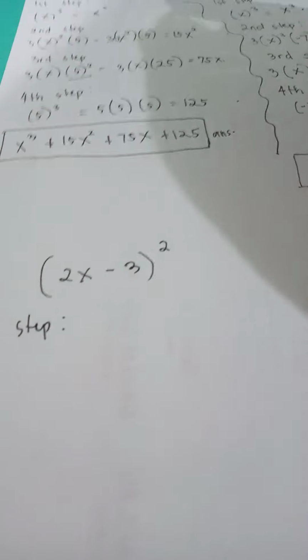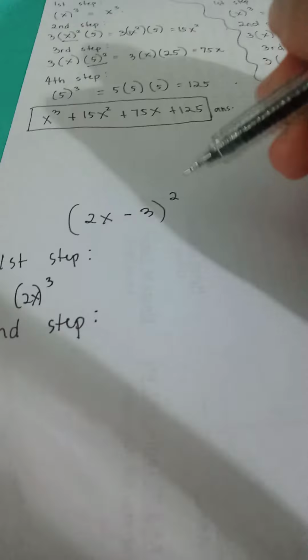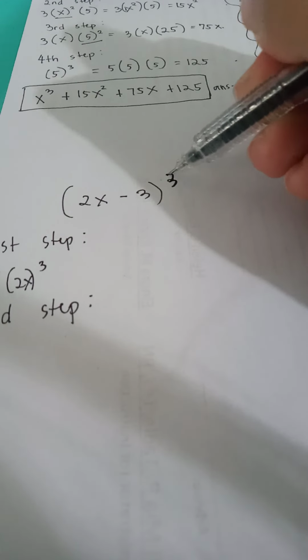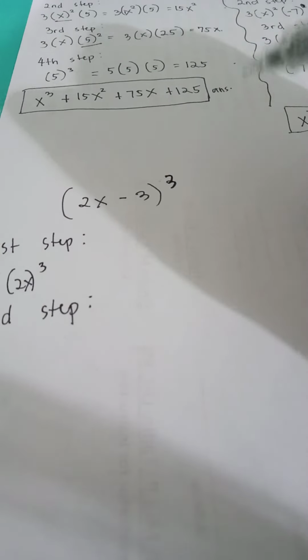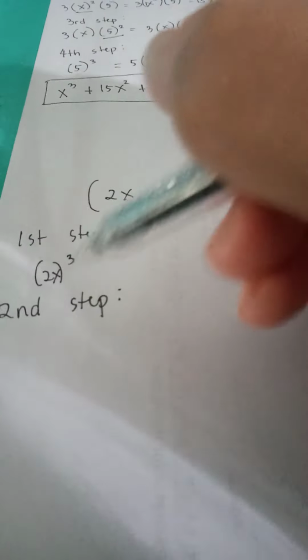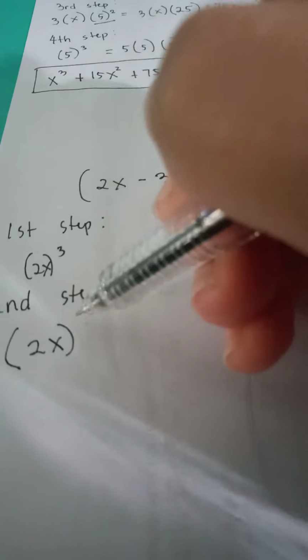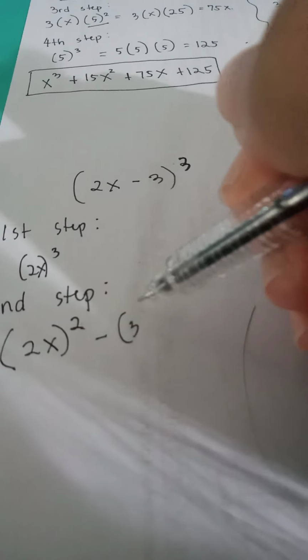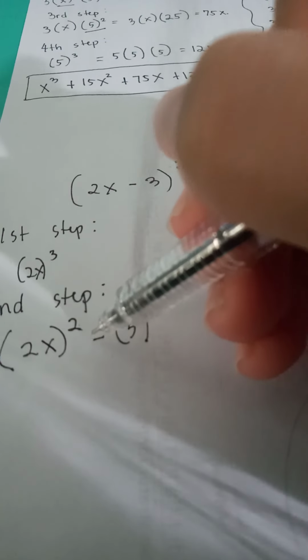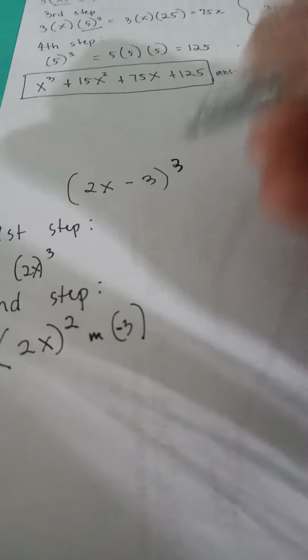Proceed tayo sa next example, in which that is 2x minus 3 to the power of 3. First step, that is 2x to the power of 3. Second step, this is cube pala ha. So, that is cube. 2x minus 3 to the power of 3. So, second step, we have 3 times 2x to the power of 2 times negative 3.